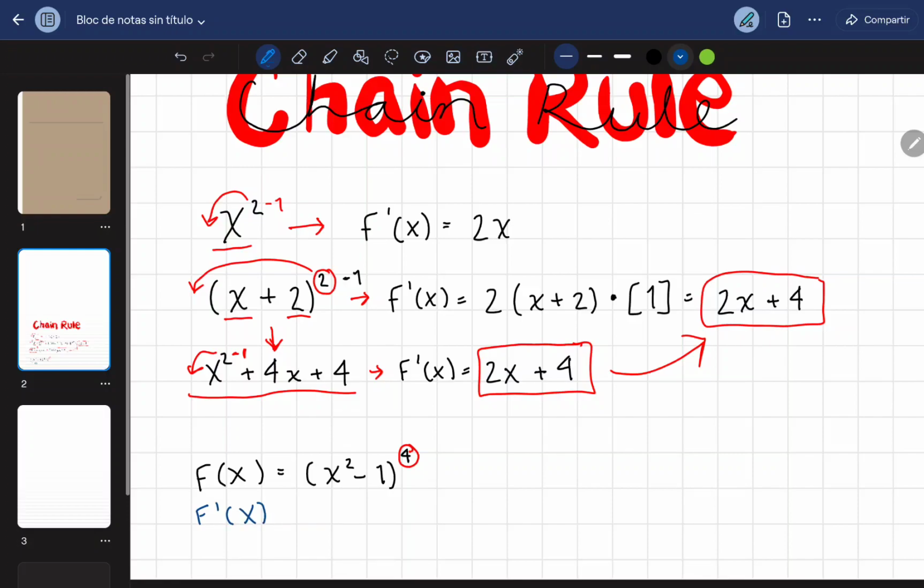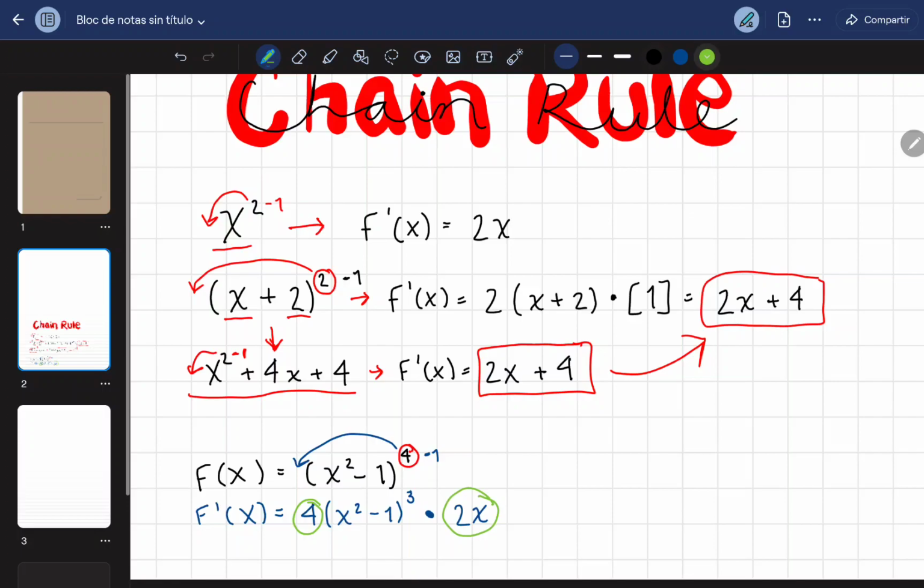So we apply the formula, this goes down, and we say 4 times (x squared minus 1) to the third, this is minus 1, multiplied by the derivative of the inner term, which is 2x. Okay, now what? This number and this term can be multiplied.